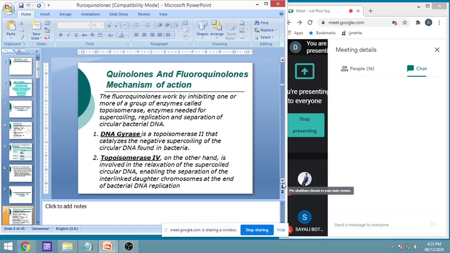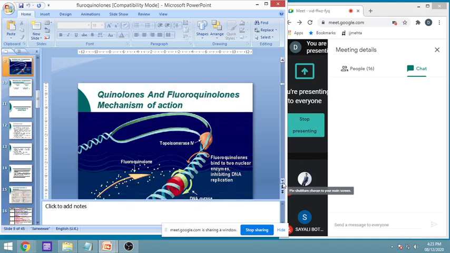Thus it affects replication and protein synthesis, and because of that they are very effective.